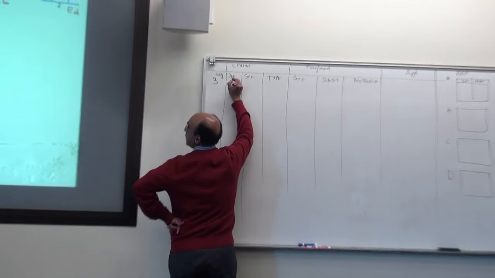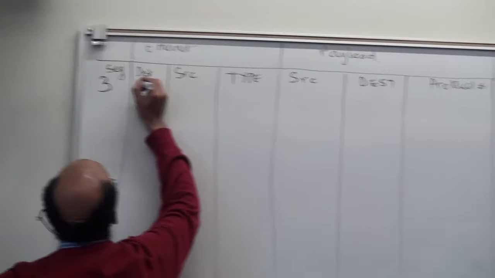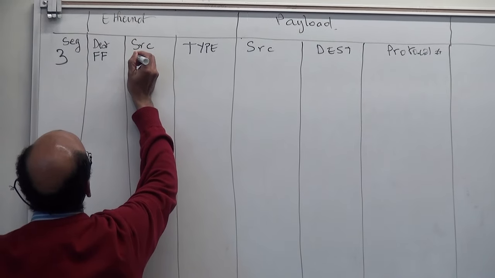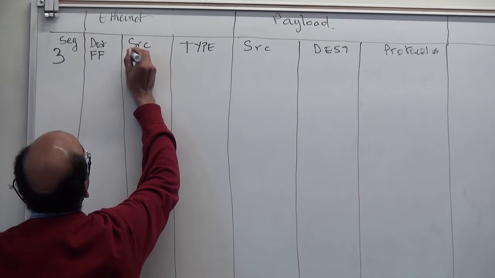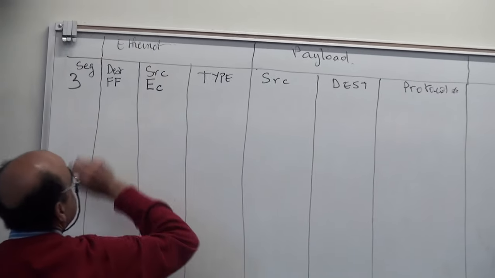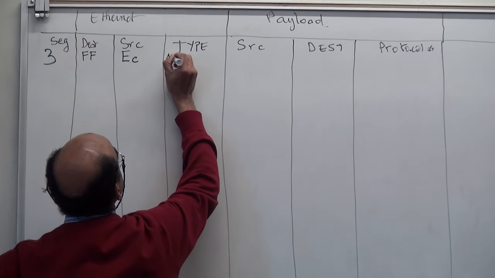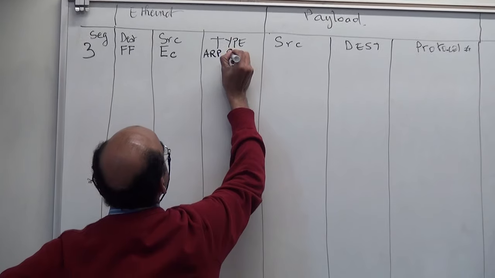So what is the destination? FF. Who is sending this? EC. It's host C who's sending. What is the type? ARP request. Yeah, it's an ARP request.